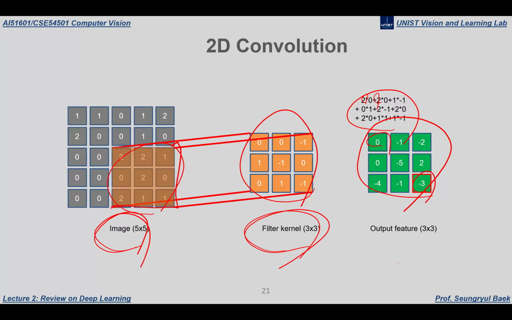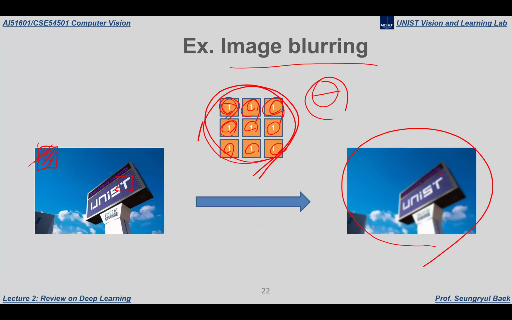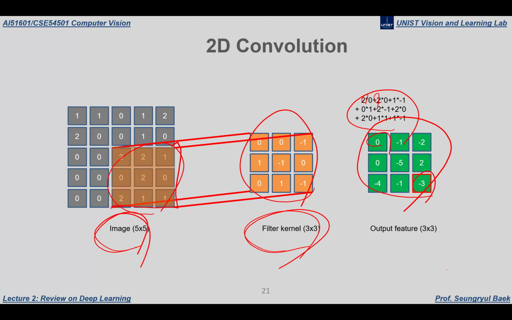But if we do not use any zero padding, you can see that from the 5 by 5 sized image, if we apply a 3 by 3 filter kernel, then the output size is slightly reduced from the original image size.